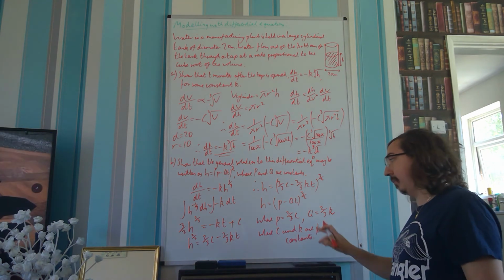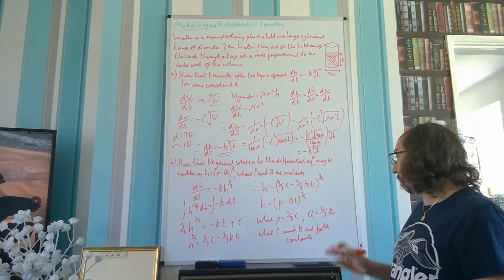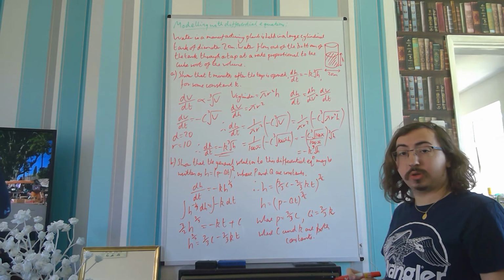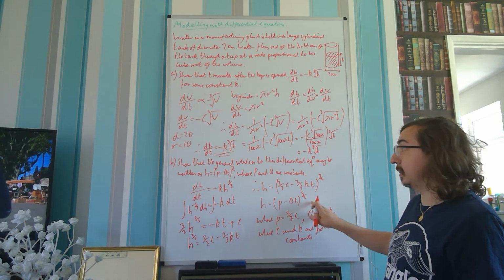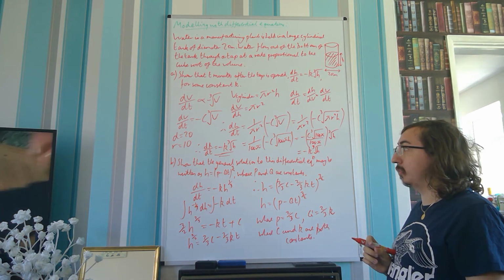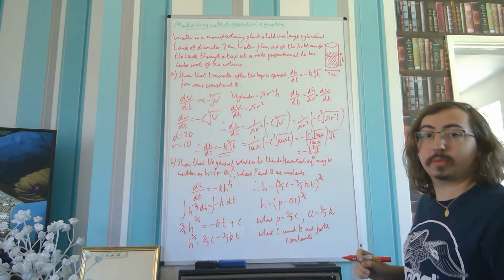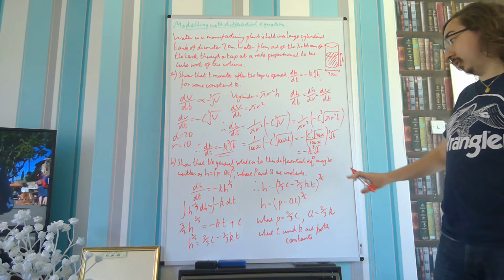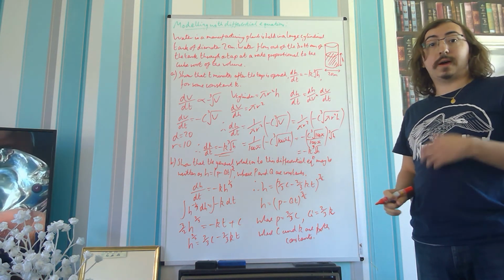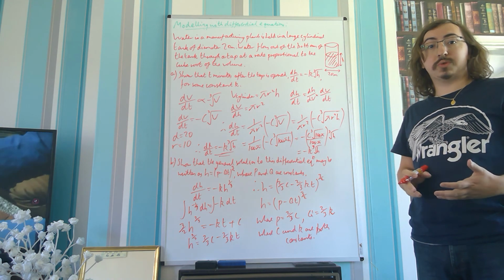Just to clarify that, if c is a constant, p must be a constant. If k is a constant, q must be a constant. And that's how we get it into that general solution. In the next video, we're going to look at using this general solution to find some particular solutions and to solve some equations.